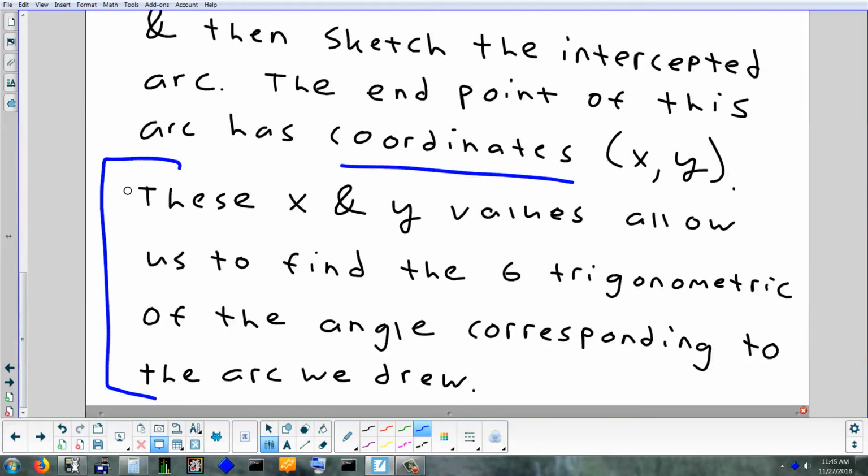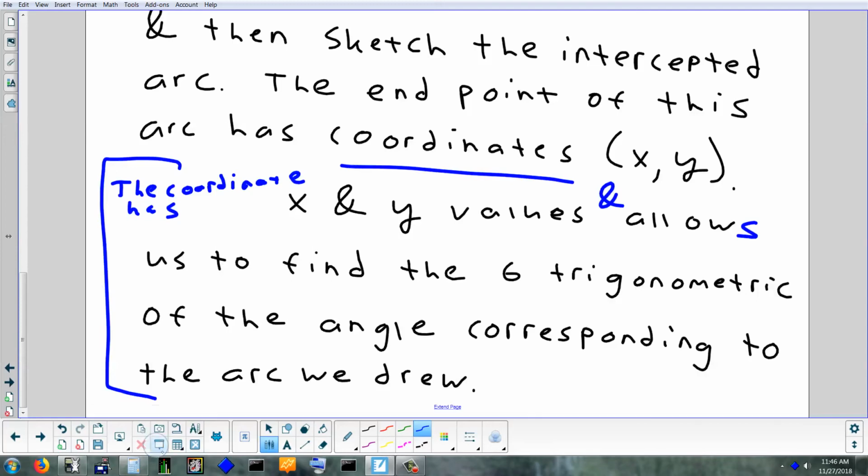So I'll just put, the coordinate has x and y values and allows us to find the 6 trig functions of the angle corresponding to the arc we drew.